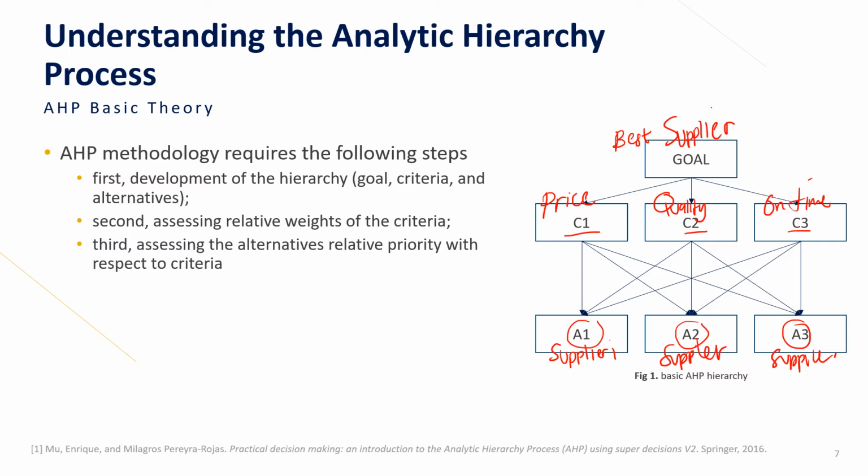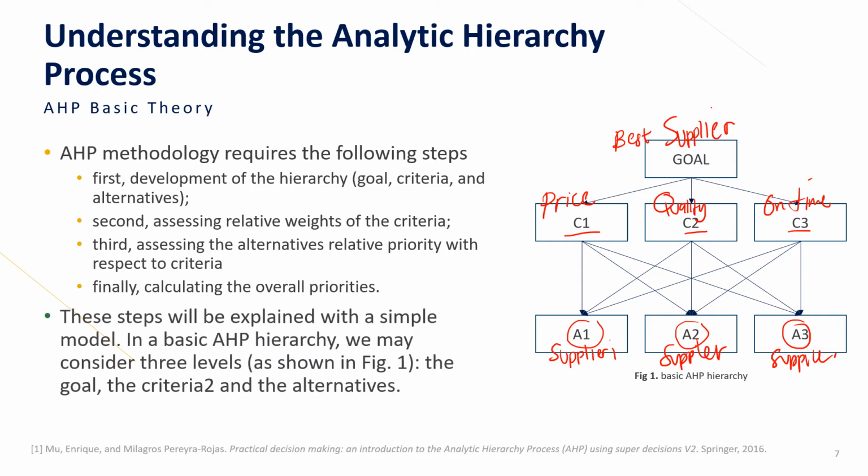And then you need to assess the second criteria. Based on quality, which one? Third will be better than 1 and 2, something like that. And then finally, based on independent assessment of each criteria for each supplier, you will calculate the overall priorities. So you will have the end results there.